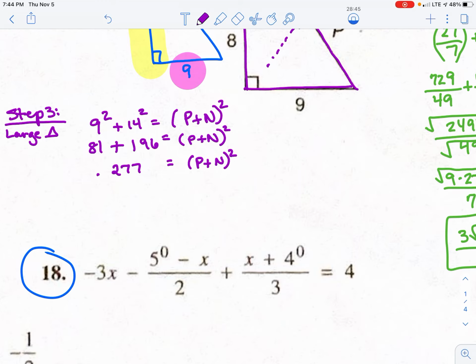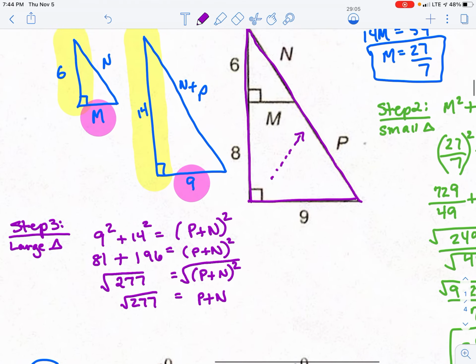And then I'm going to take the square root of both sides in order to undo that exponent of 2. Remember, if something is squared, then I can take the square root of it. So I'm going to have p plus n equals the square root of 277.